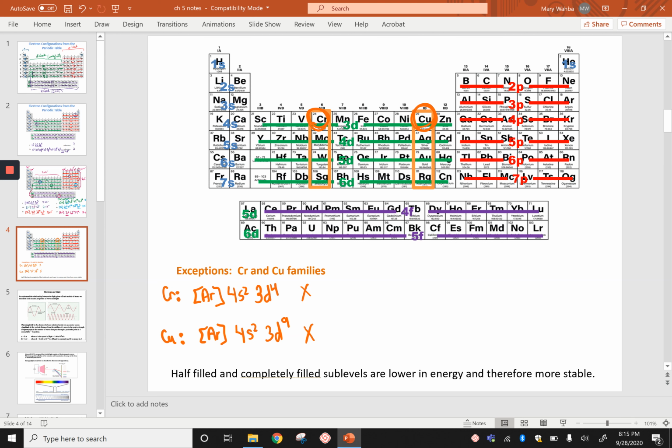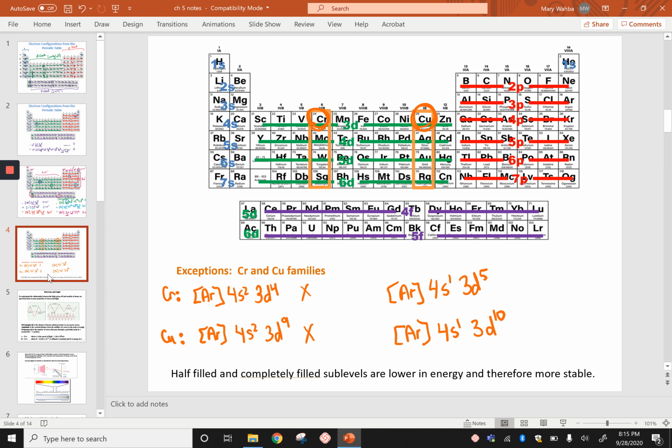Turns out these are not the correct configurations for chromium or for copper. The correct one is argon 4s1 3d5, and for copper it is argon 4s1 3d10. So what happened here?